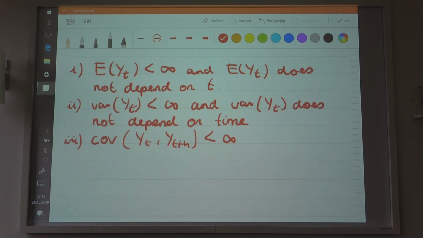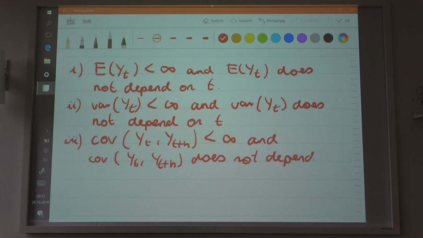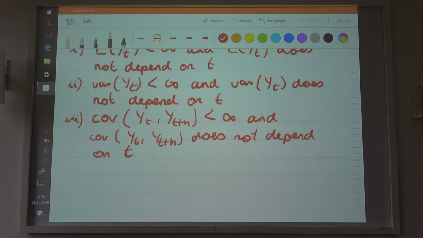It does not depend on time t, but it can depend on h. h is called the time lag.